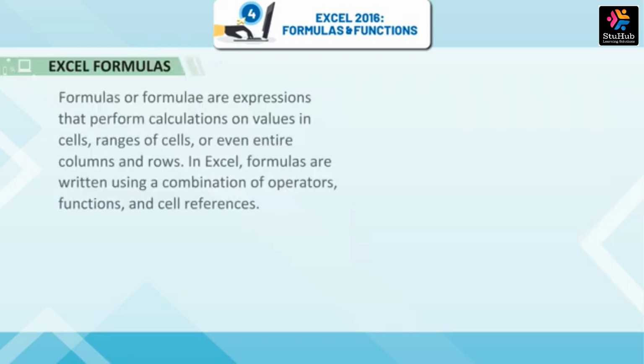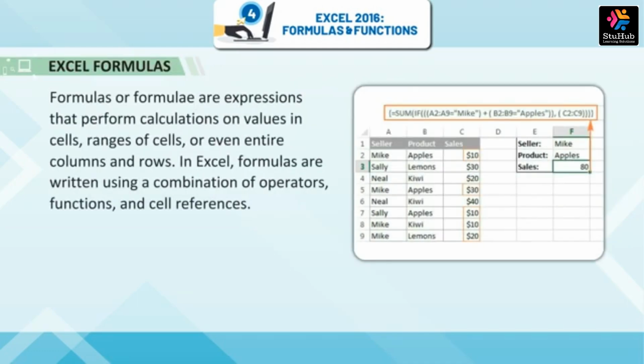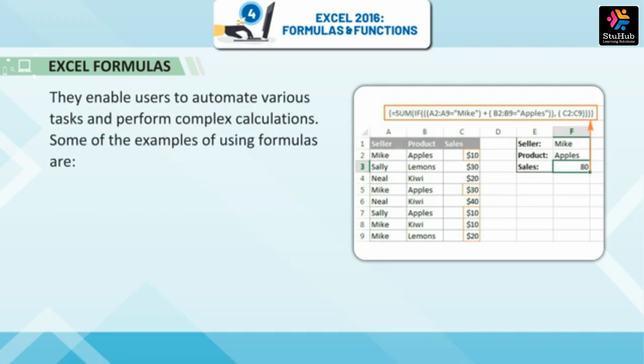Excel formulas. Formulas or formulae are expressions that perform calculations on values in cells, ranges of cells, or even entire columns and rows. In Excel, formulas are written using a combination of operators, functions, and cell references. They enable users to automate various tasks and perform complex calculations.